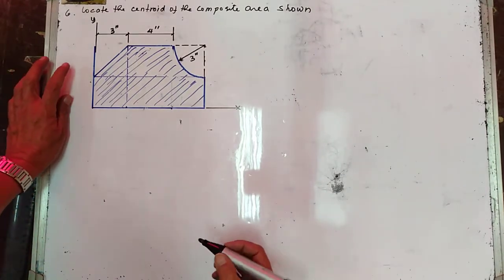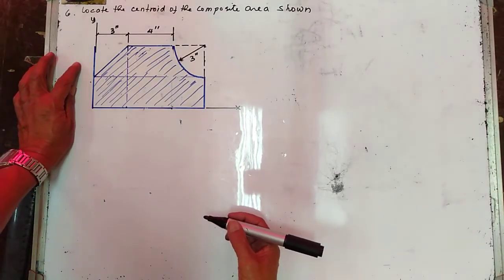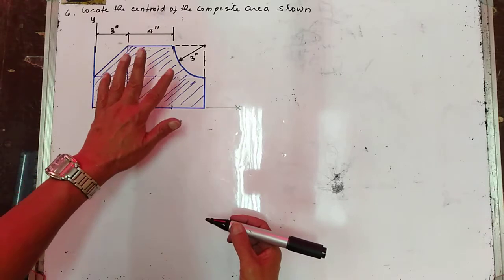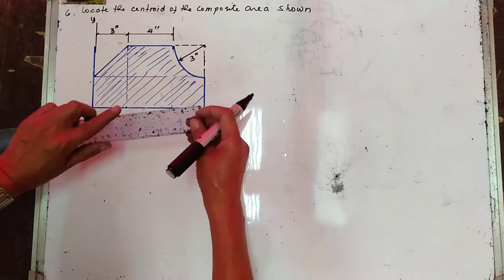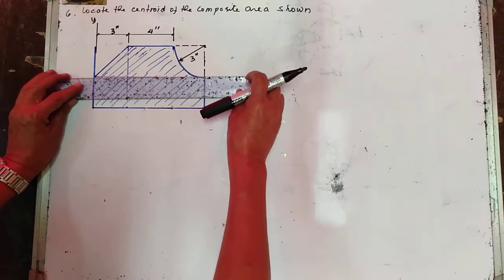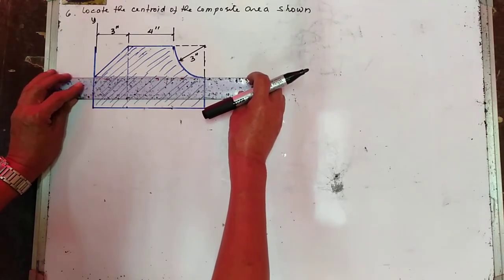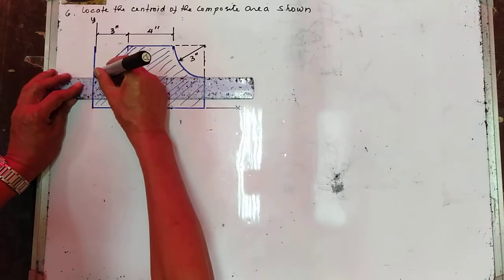Next, let's try to locate the centroid of the area shaded as shown. So we have a composite area. I am going to divide this into special geometric figures.